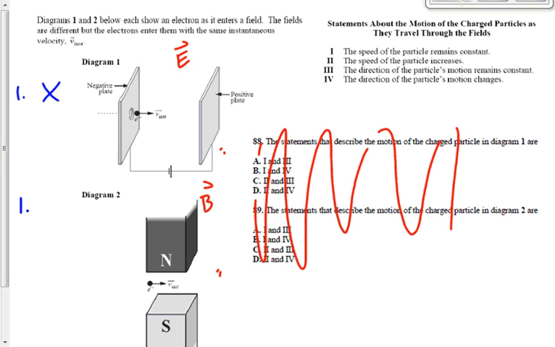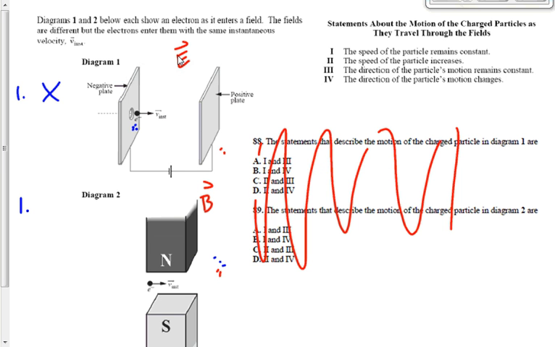That's a magnetic field. There's an electric force on the charged particle right here in diagram 1 that causes it to speed up. There's a magnetic force in diagram number 2 that causes it not to speed up, but rather change direction. We would say thumb in the direction of the particle, fingers feel, palm points out of the page. There would be a force acting on this particle out of the page.